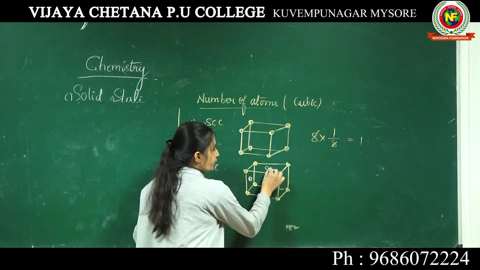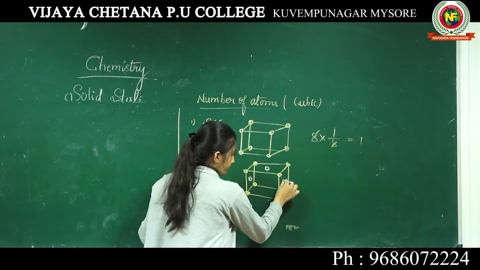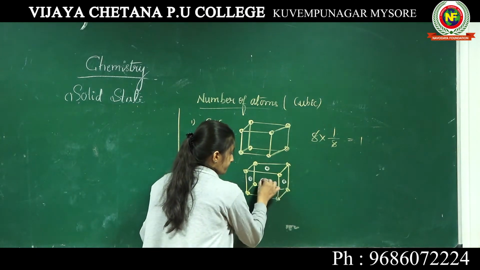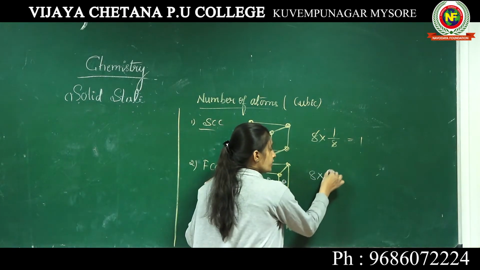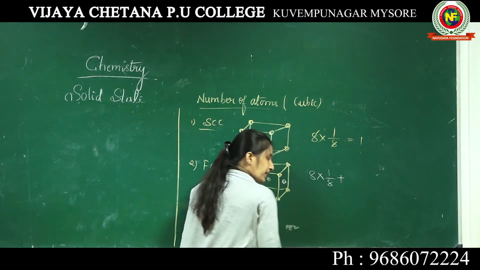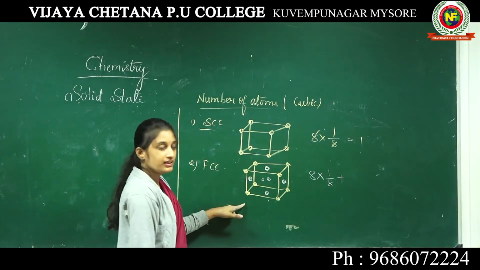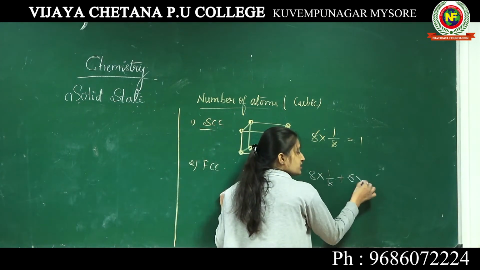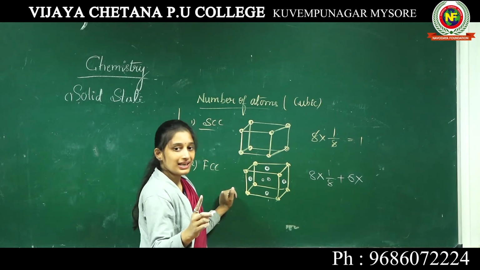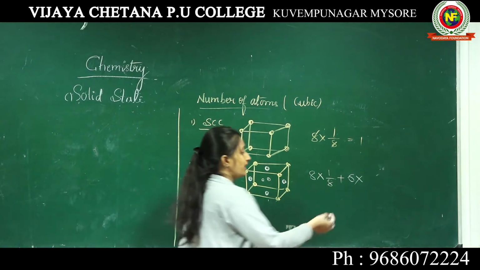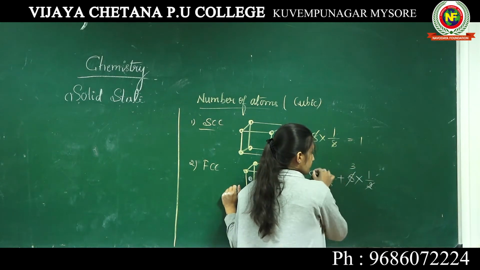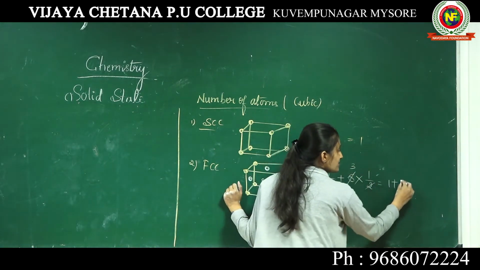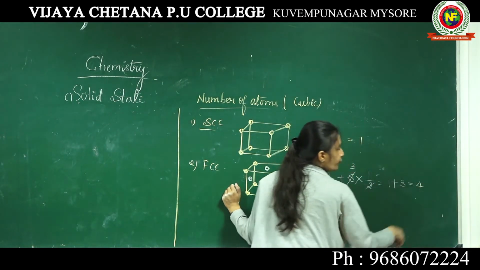Because it's a face center. So same thing. 8, 1 by 8 plus, how many faces are there? 6 faces. Each atom is shared by 2 other atoms. So 1 by 2. 1s are 3s are. So 1 plus 3, we will get 4.